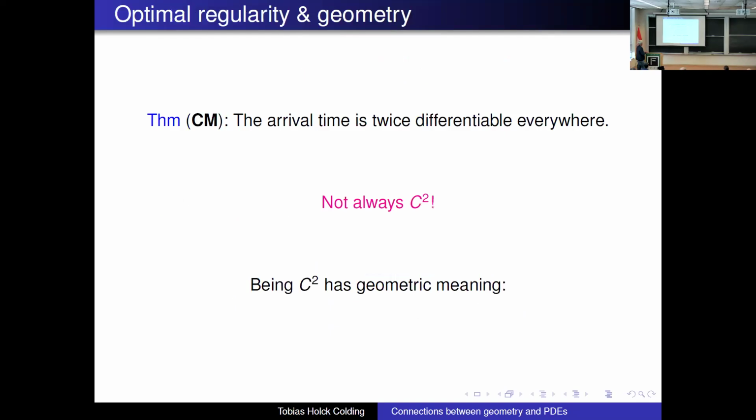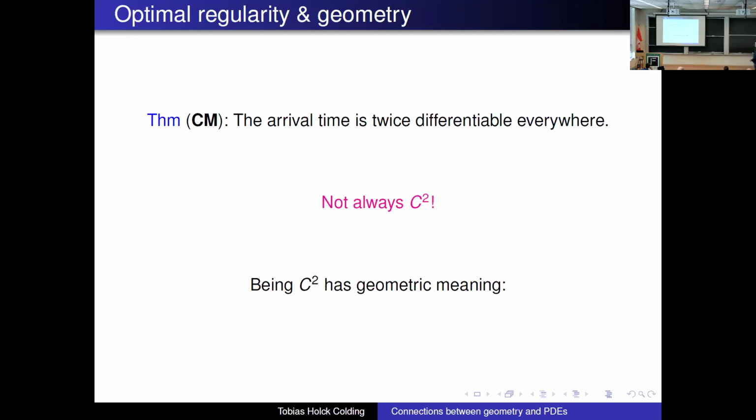the theorem here is that from the work of Evans and Spruck and Chen, Giga, and Goto, it was known that you have solutions in the viscosity sense, and that they are Lipschitz. It was also known already in the early 90s that solutions are not in general C2.